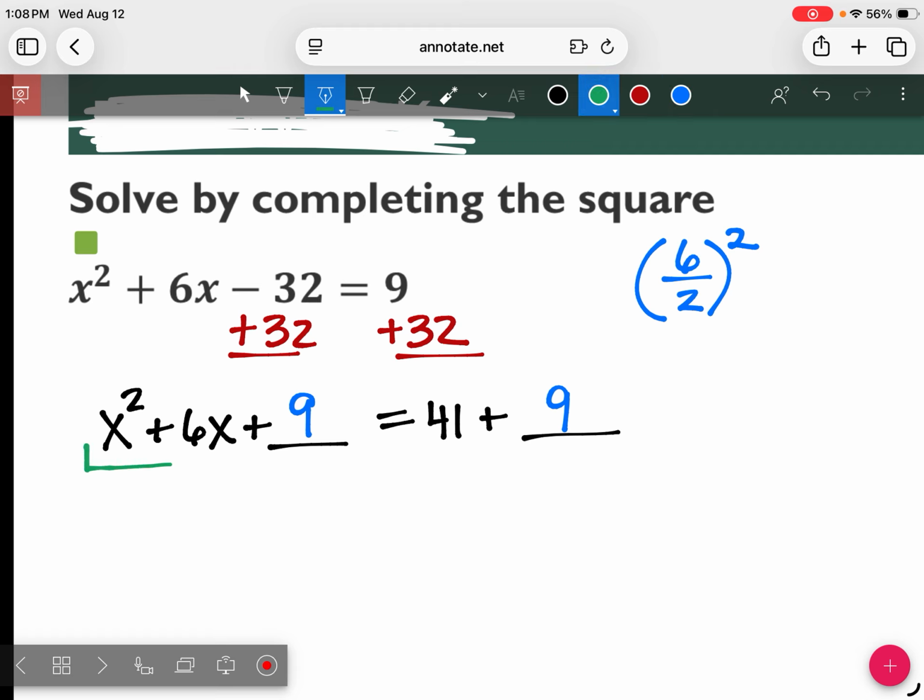Okay, now we're ready to factor this down. 41 plus 9 is 50. All right, so we need to find 2 numbers. It's always going to be the same number in both parentheses. 2 numbers that multiply to 9 but add to 6.